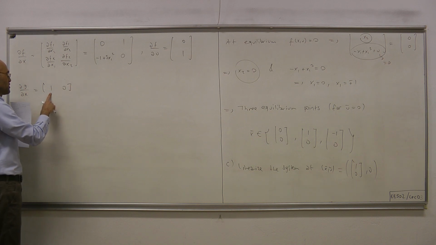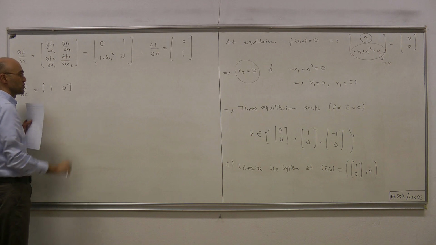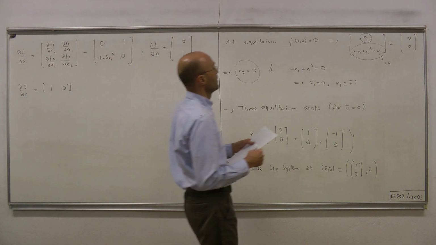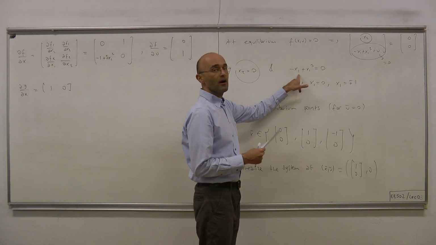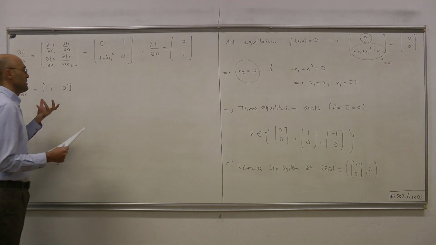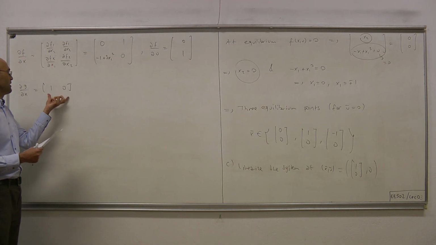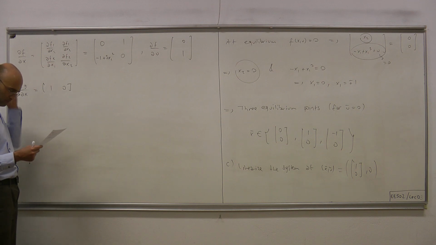Partial g with respect to x1, partial g with respect to x2, and since g is simply x1, our first state variable, it's already in linear form, and this is the matrix that appears: 1, 0.